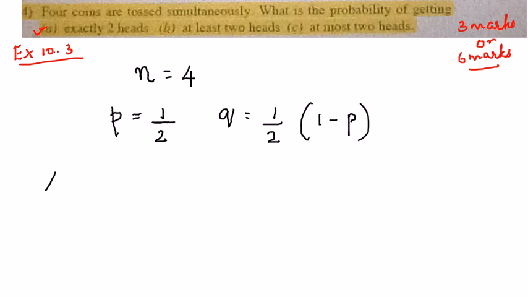So if x is going to denote the number of heads and x being the random variable, we are going to use the binomial distribution since n is equal to 4, and the number of occurrences is less.